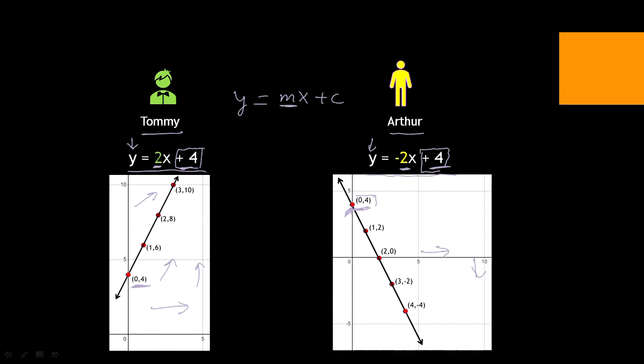Now the rate at which Tommy increases and Arthur goes down, that is different. If you look at this case, as Tommy sells one donut, he earns $2. As he keeps on increasing his sale by a single donut, he increases his income by $2 more.